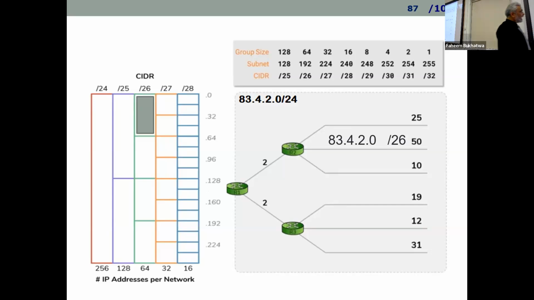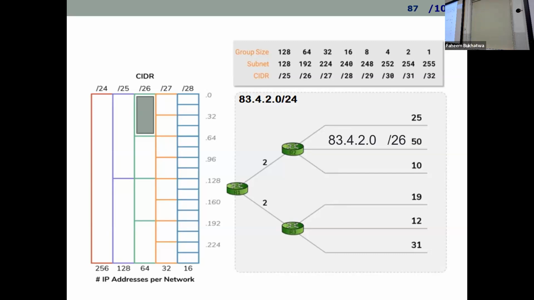Now, what's the next biggest network? This one here, 31. 31 is a little bit awkward. They want 31 machines. Remember, when you put it in a network, you need to have 2 extra addresses. So that's a total of 33.